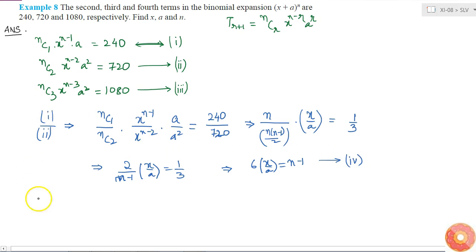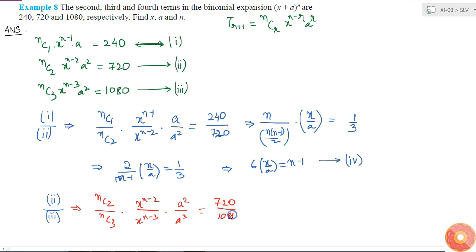Now similarly, if I divide the second equation by the third equation, I can do that because third equation is not 0. So what will I get? This means that nC2 by nC3 into x^(n-2) by x^(n-3) into a^2 by a^3 is equal to 720 by 1080.